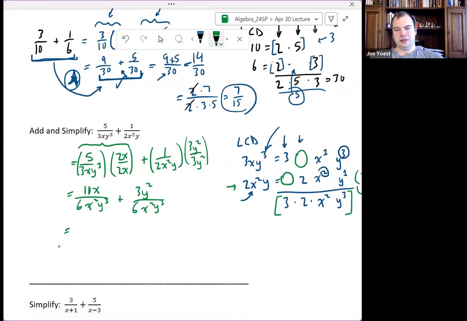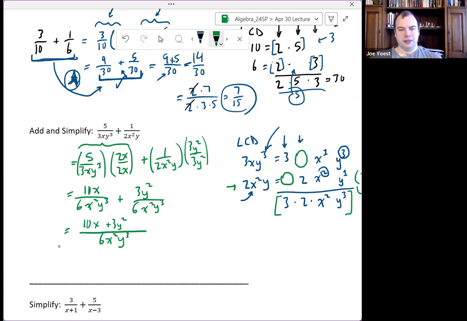But now that we've got everything written as the sum of two fractions with like denominators, I can add the numerators and keep the same denominator. And now I can ask myself, well, the denominator is a monomial, so asking does anything factor out of it doesn't make a whole lot of sense.